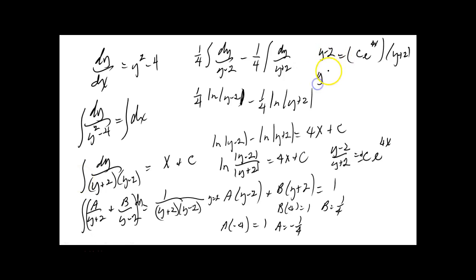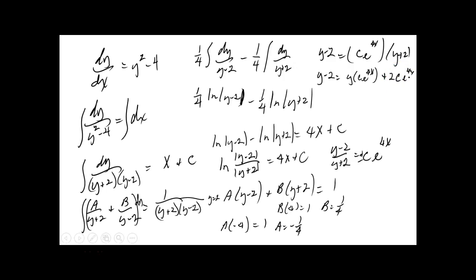This will be y minus 2 is equal to y times c e to the 4x plus 2 c e to the 4x.